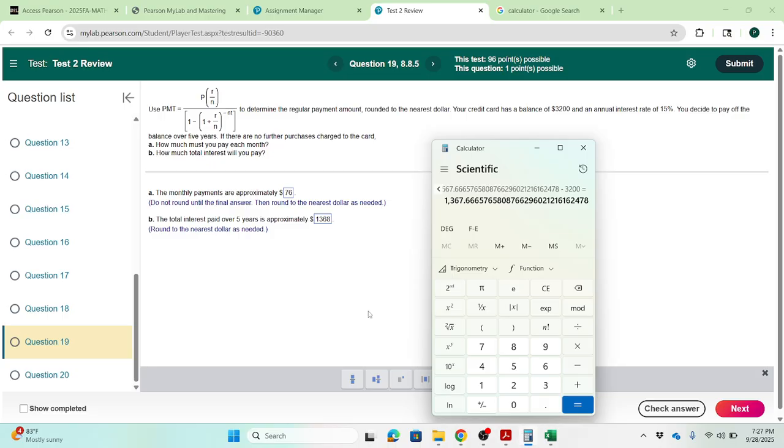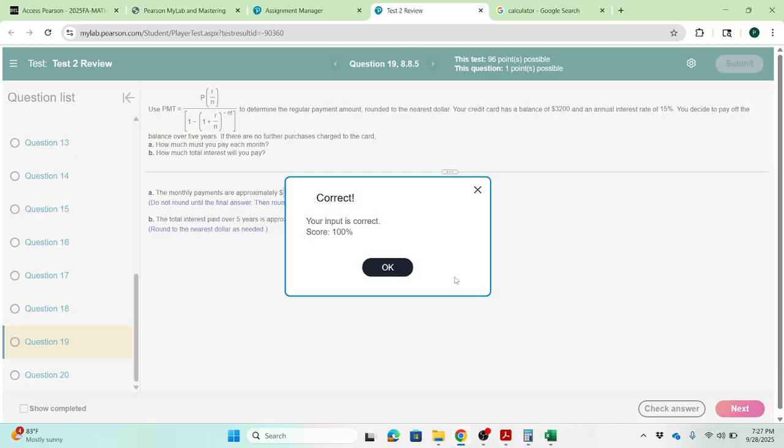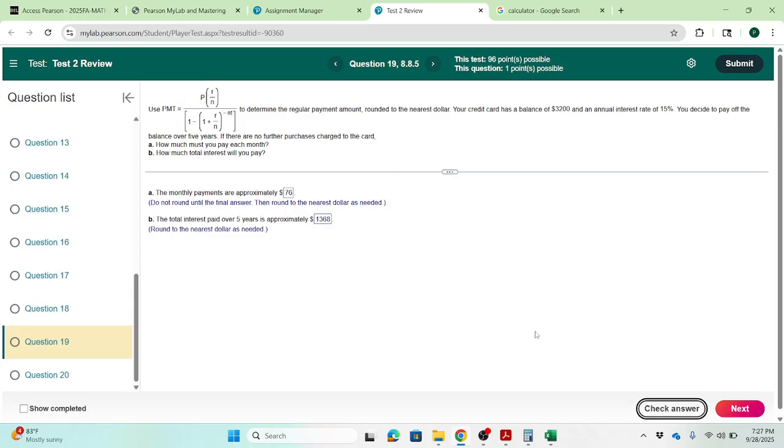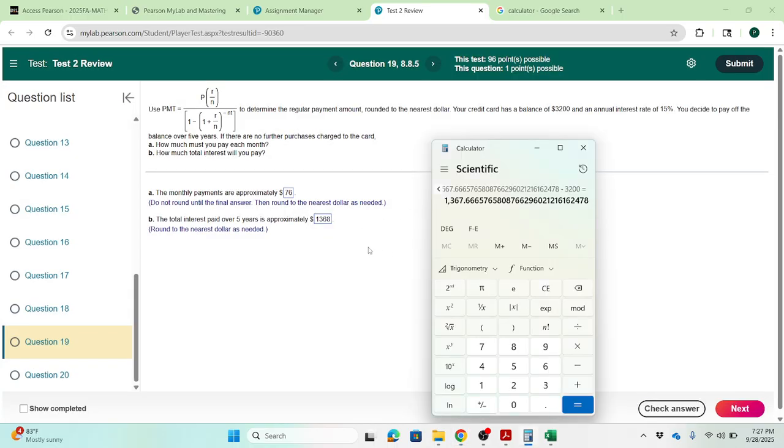Okay, $68. Check answer. Okay, so here's the thing. What I did before is I just used this $76 and times it by 60 and then subtracted 3,200 from that. But you are not supposed to do that, because in actual payment, though we rounded to the nearest dollar here, there was a tiny bit of cents left over.